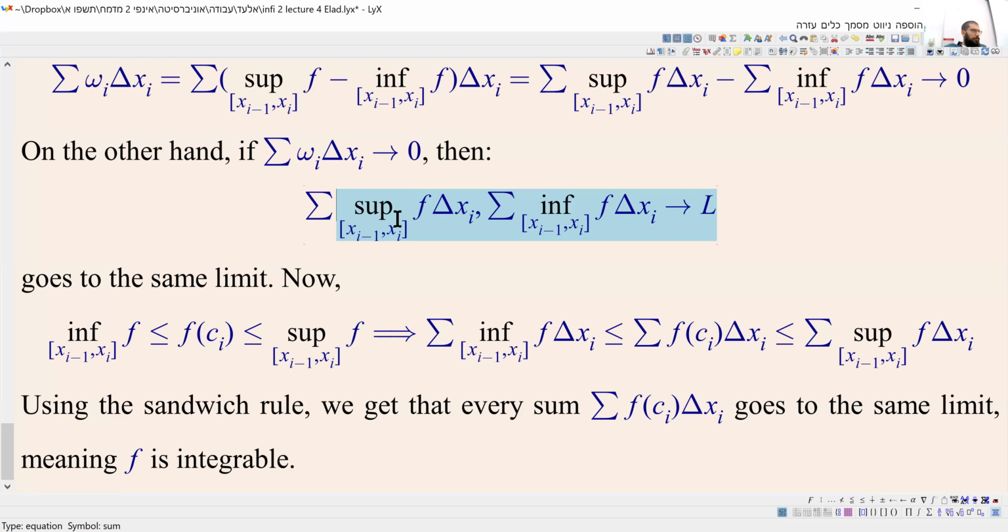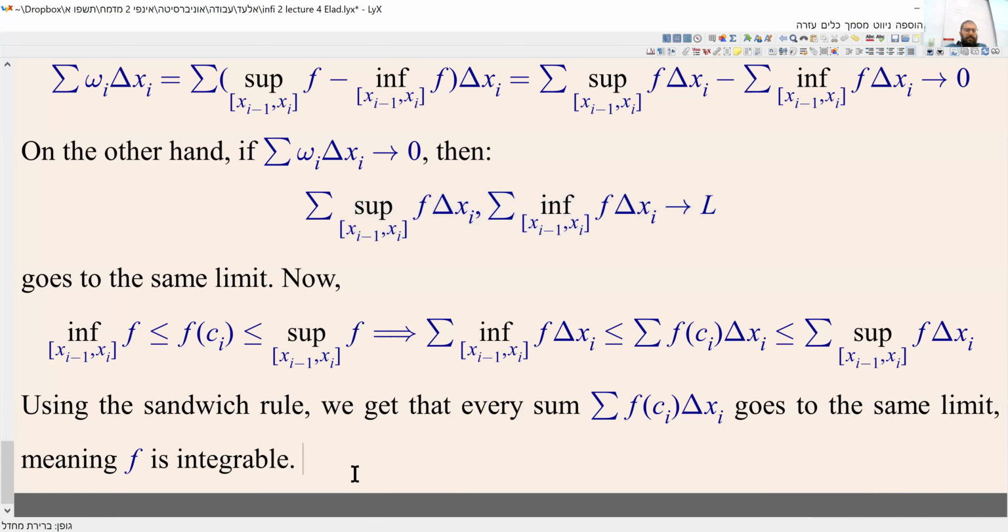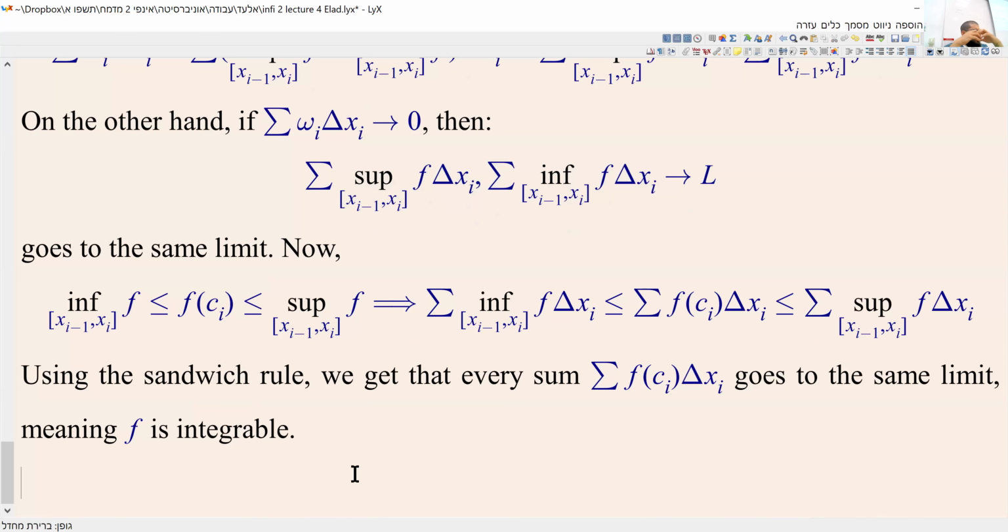Let's say it more simply, in sequences. If two sequences go to the same limit, the difference goes to 0. Correct. But if the difference goes to 0, it doesn't mean that every sequence goes to the same limit. Maybe the sequences are not even convergent.